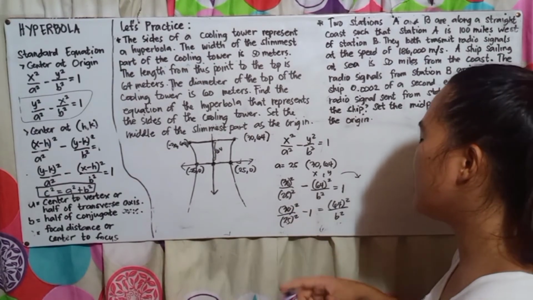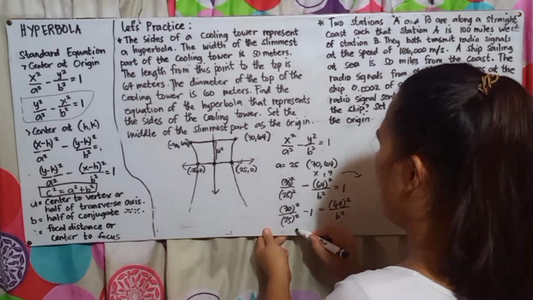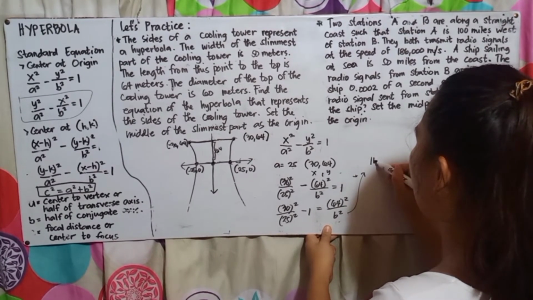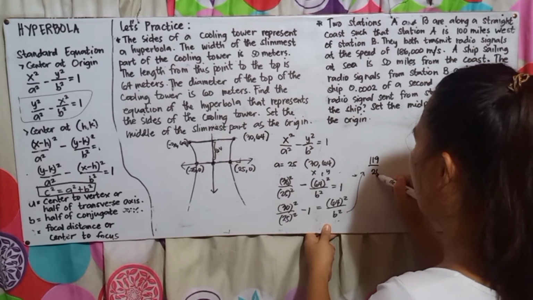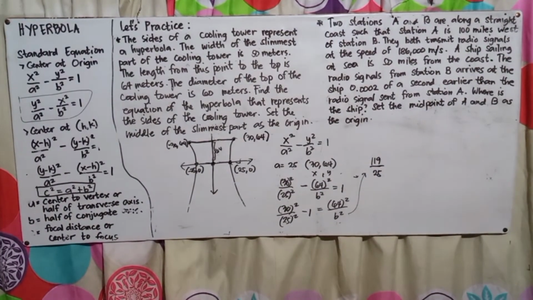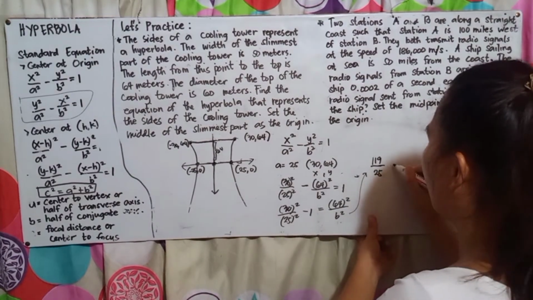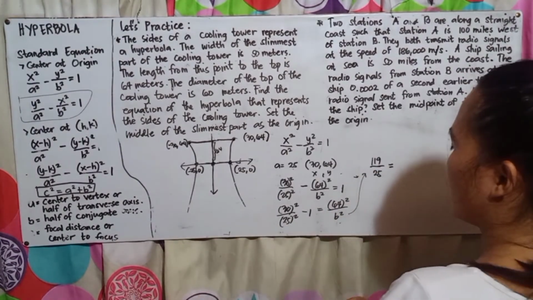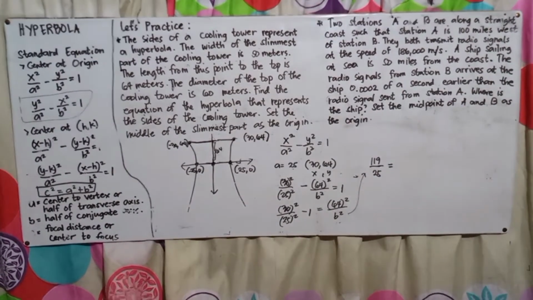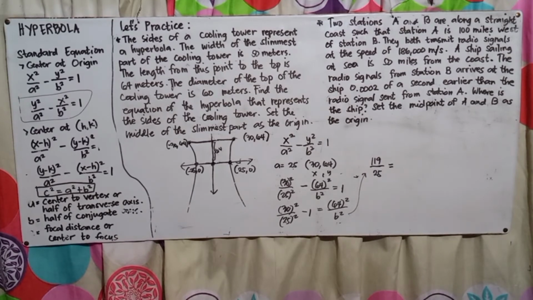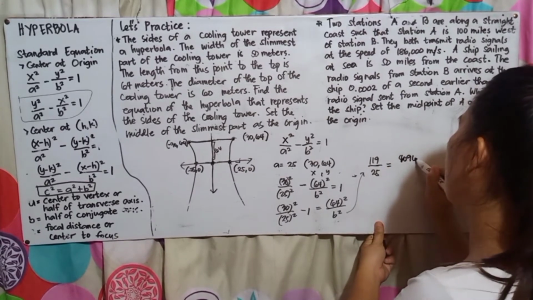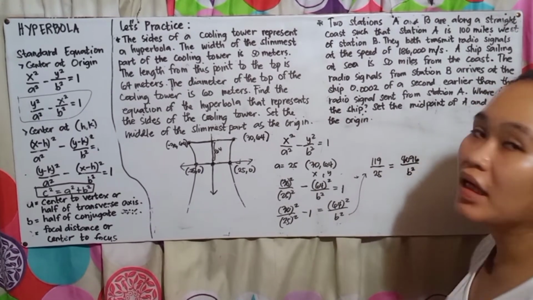Input it in the scientific calculator: 119 over 25 equals 64 squared over b squared. 64 squared is 4096. So, 4096 over b squared.